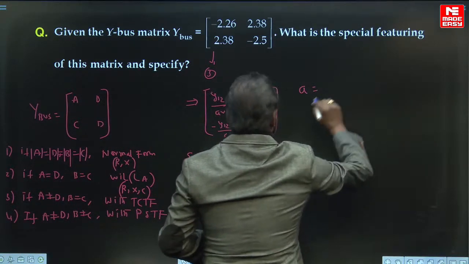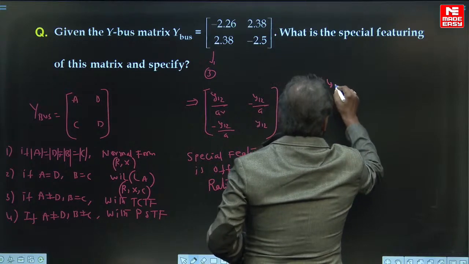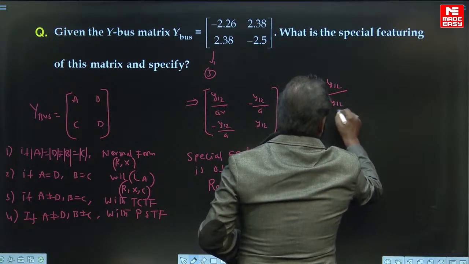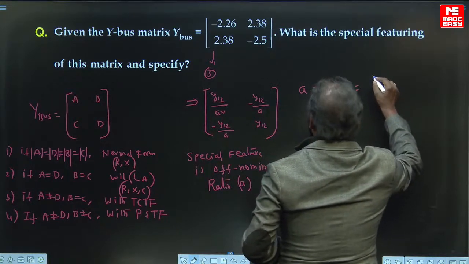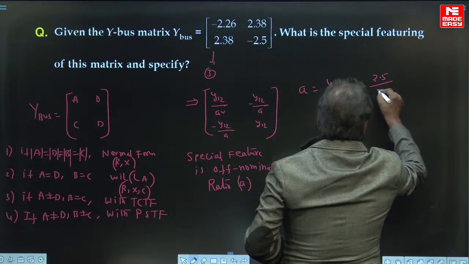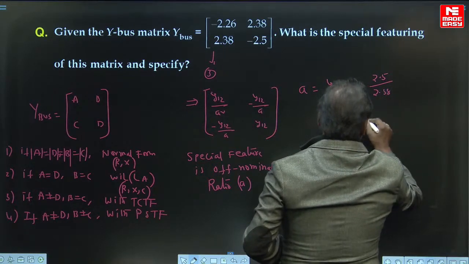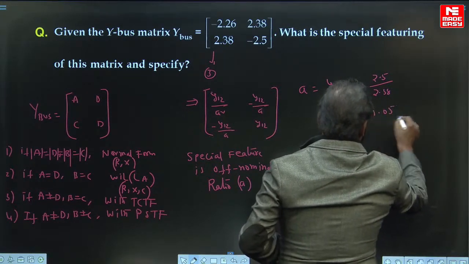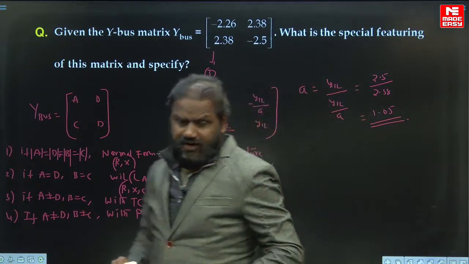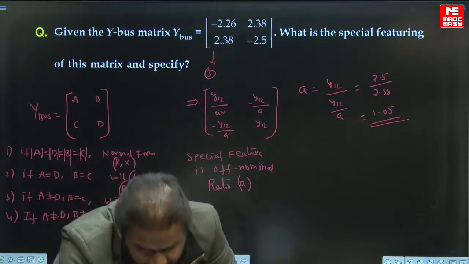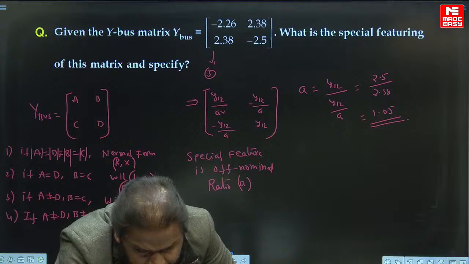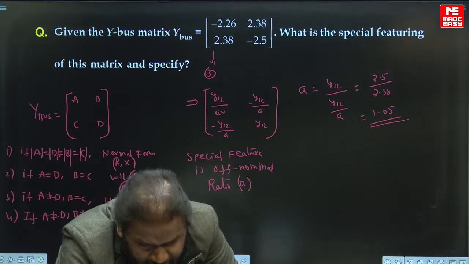A equals y12 by A, so that equals 2.5 divided by 2.38, which equals 1.05. Maximum off nominal ratio you can have is 1.05 only. So that is the thing that occurs.